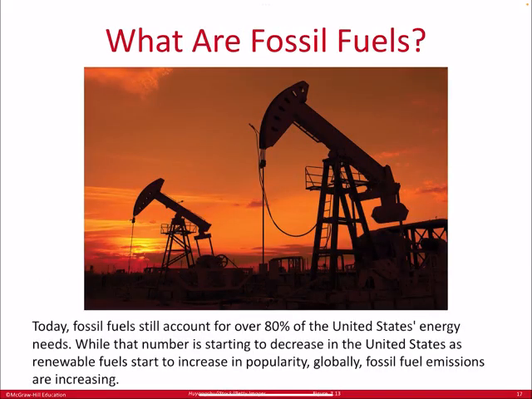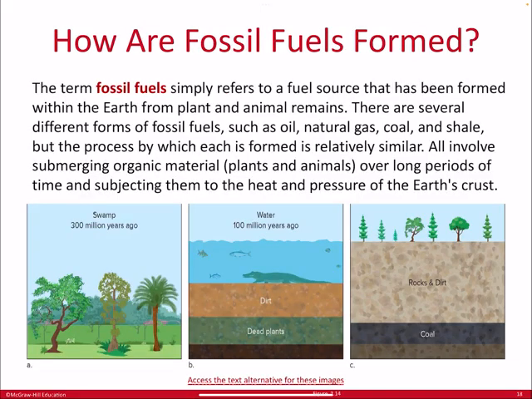Well, carbon is often related to fossil fuels. So what are fossil fuels? Fossil fuels refer to a fuel source that's been formed within the earth from plant and animal remains. So some 300 million years ago, you had some kind of swamp. All of these things died, they fell to the ground, and so they become dead plants.